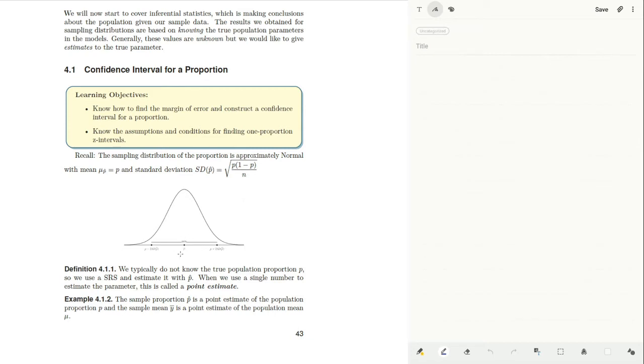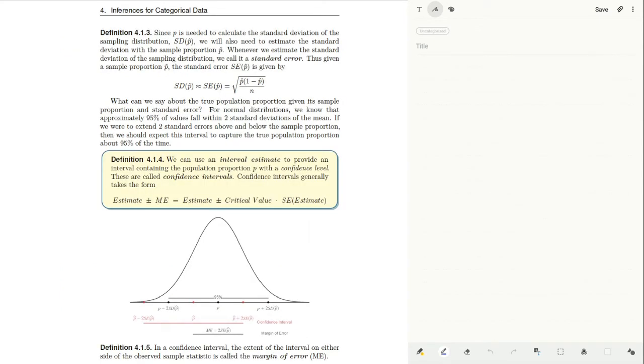We typically don't know what the true population proportion is, so we take a simple random sample and estimate it with a sample proportion. Whenever we use a single number to estimate a parameter, this is called a point estimate. For example, the sample proportion p hat is a point estimate for the population proportion p, and the sample mean y bar is a point estimate for the population mean mu.